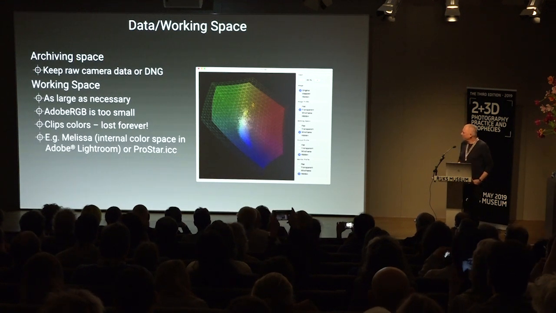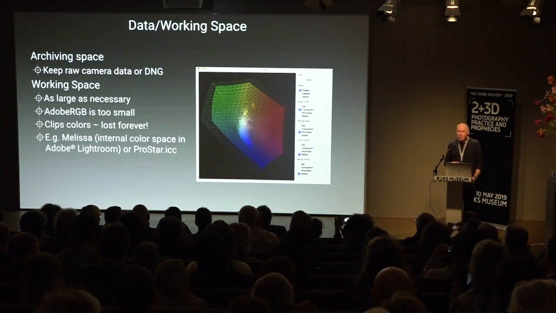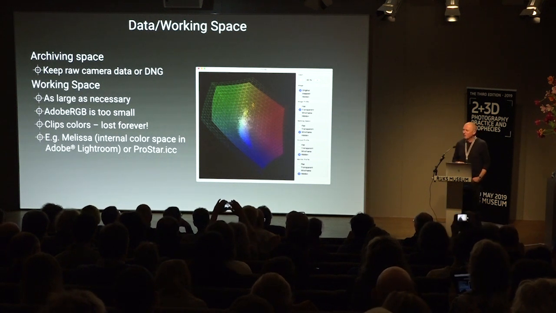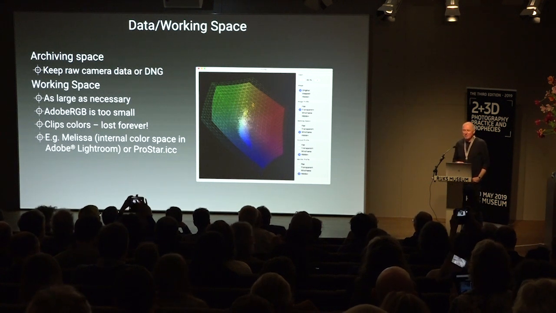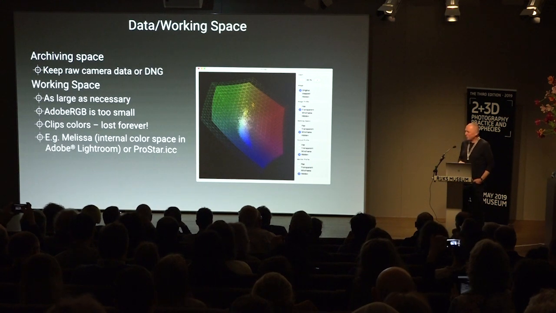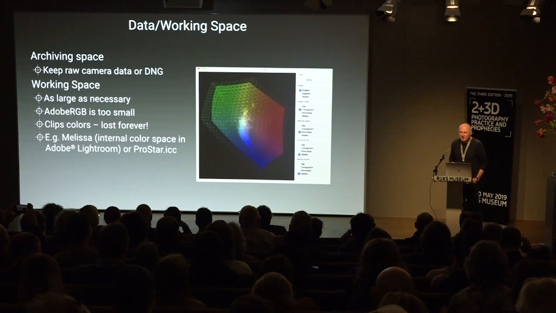That could be Melissa. Anybody who knows Melissa color space or profile? Most probably not. That's one of the most hidden secrets of Adobe. They use Melissa color space in Lightroom as their working space internally.